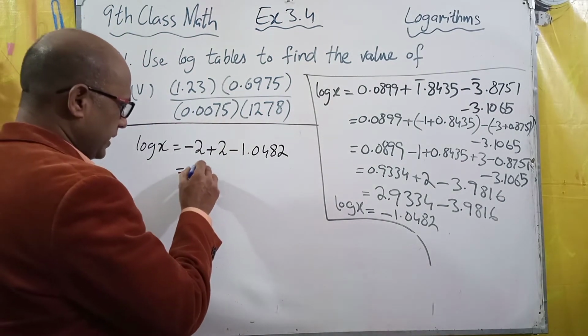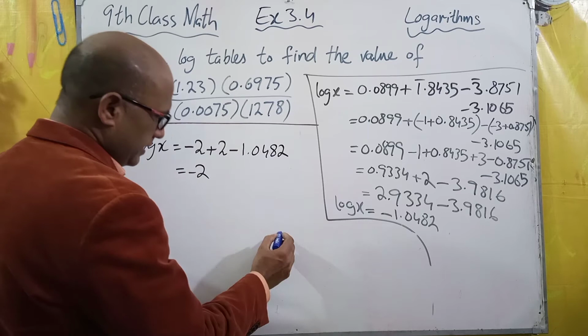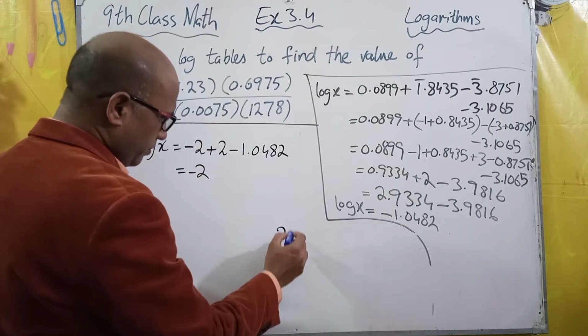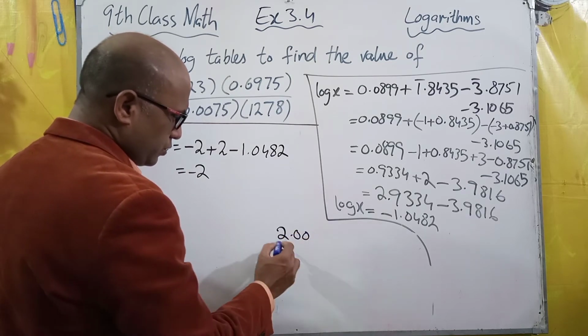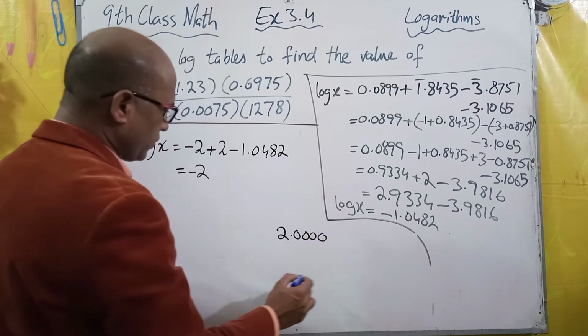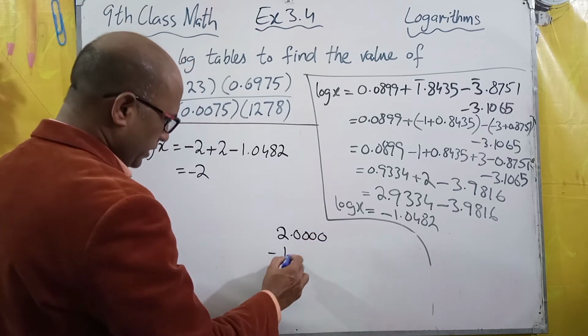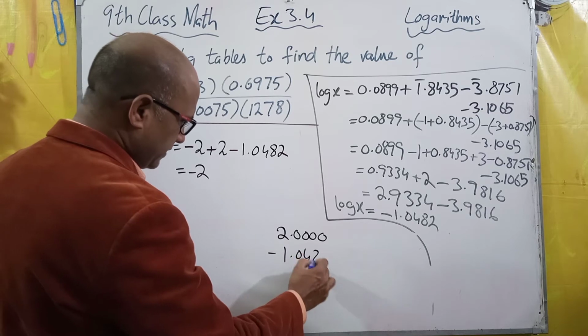So students, minus 2, and we subtract this number from 2.0000. Let's check what we'll get.